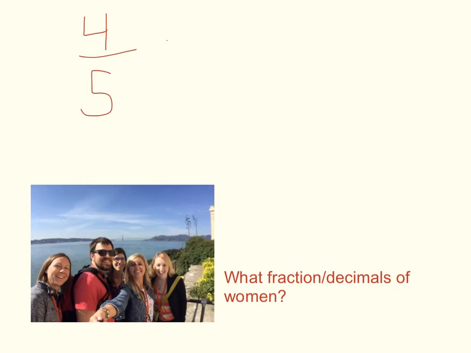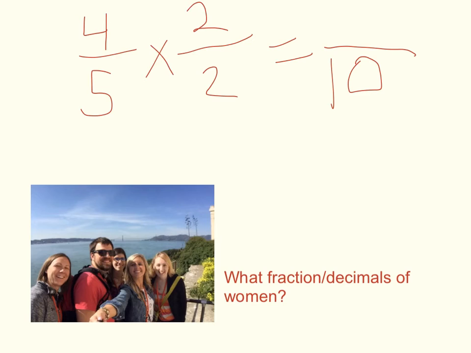So what I like to do is I like to convert this to tenths because I know 5 can go into 10. Then, like I said in the last one, we can take the tenths and turn it easily into a decimal. So 5 times 2 will give me 10. Whatever I do to the bottom, I do to the top. 4 times 2 is 8. And then simply 8/10 is written as 0.8.